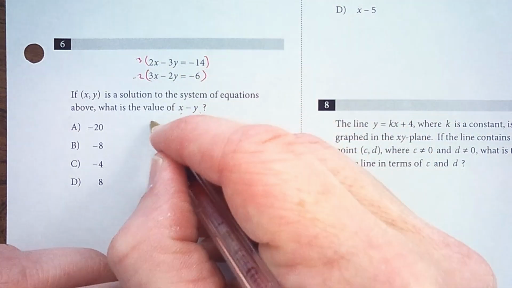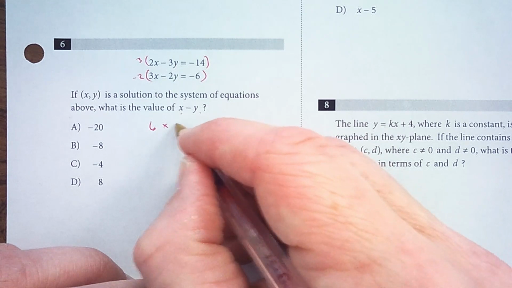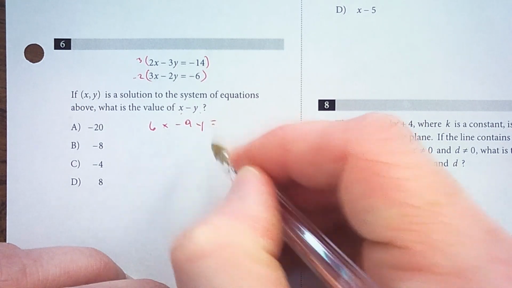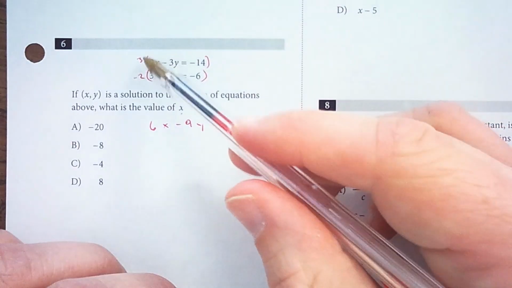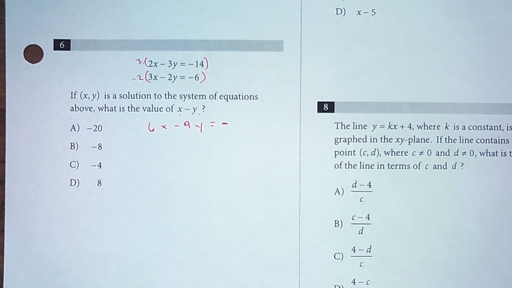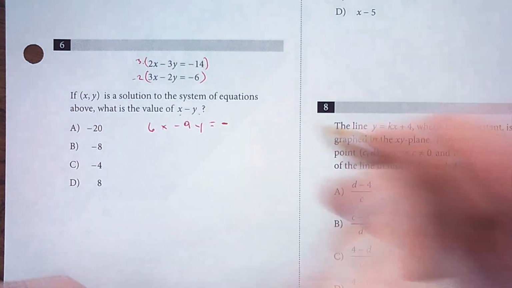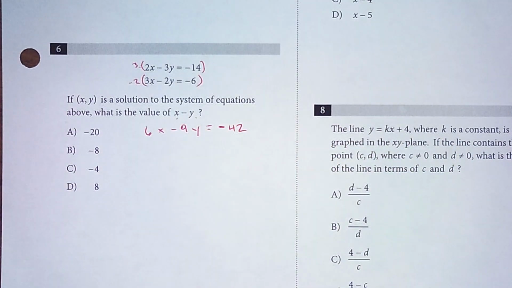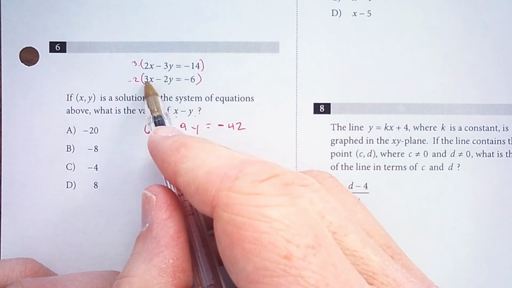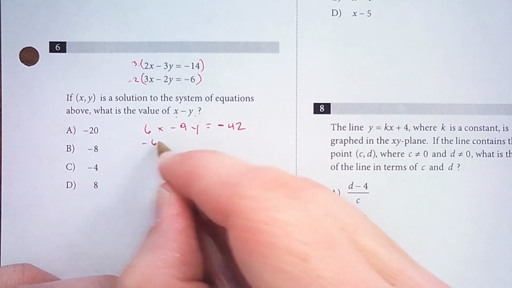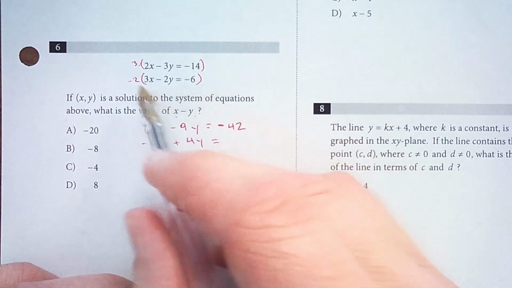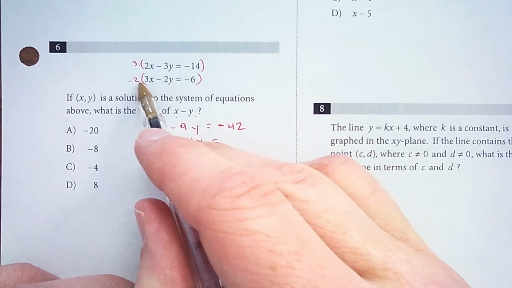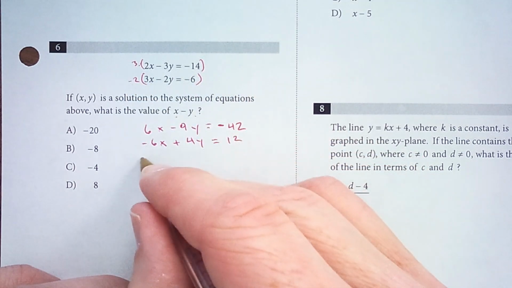So this top equation is going to be 6x minus 9y equals, and then positive times negative is negative, 14 times 3, and remember we have to do this without a calculator, so 14 plus 14 is 28, plus another 14 is 42. And then this second equation multiplied by -2 is -6x plus 4y equals, and then negative times negative is positive, 2 times 6 is 12.